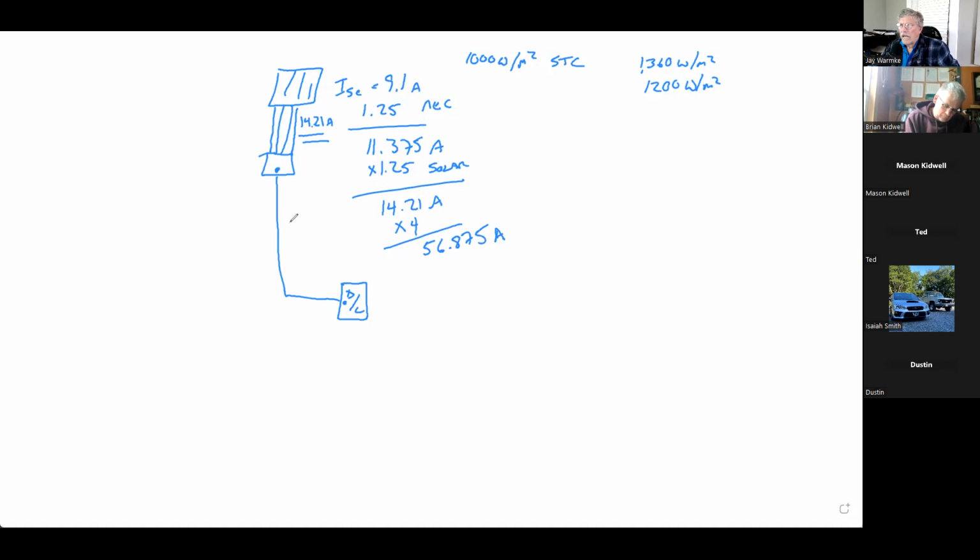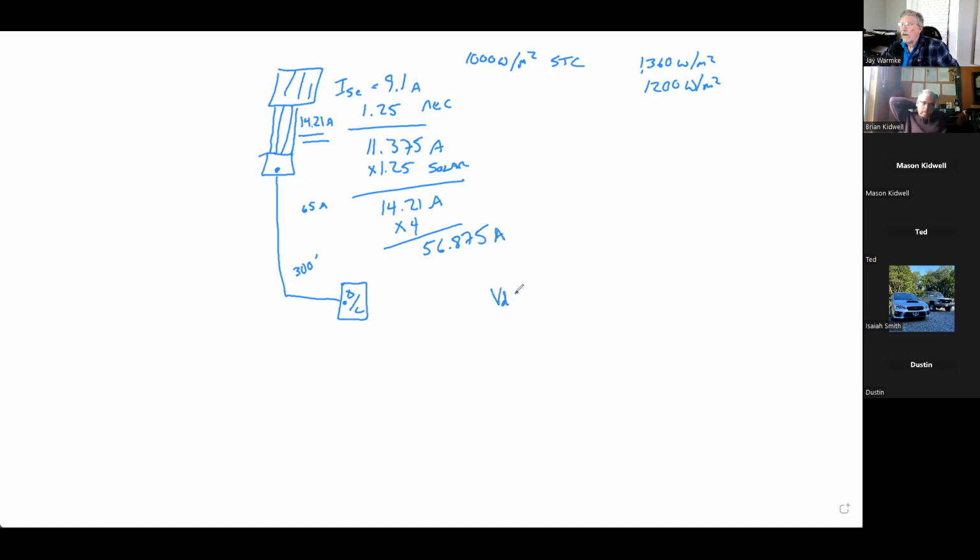So in this case, let's say I decide to go with 6-gauge wire, right on the edge, and it's got a rating at the temperature that I've selected. It's got a rating of 65 amps. Well, what if this is 300 feet from here to here? Well, then I've got to calculate voltage drop.